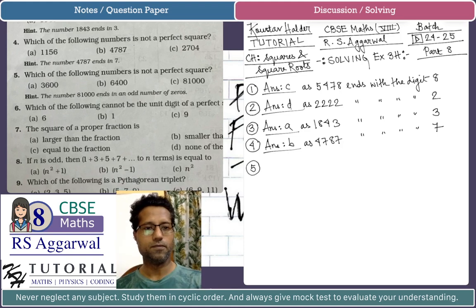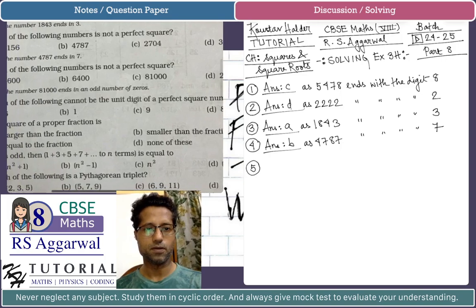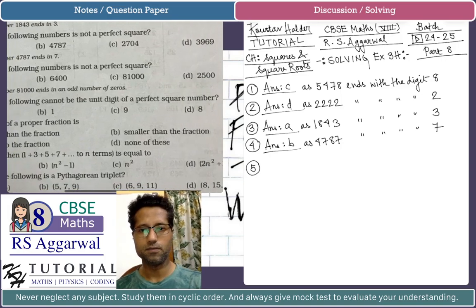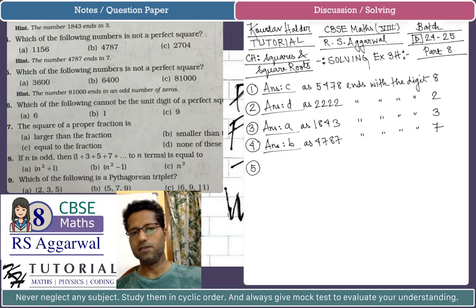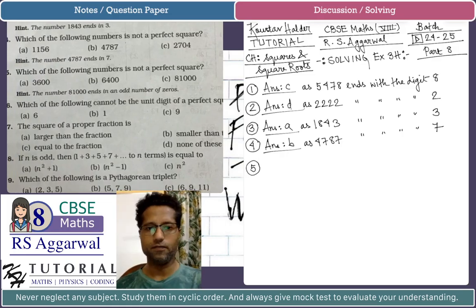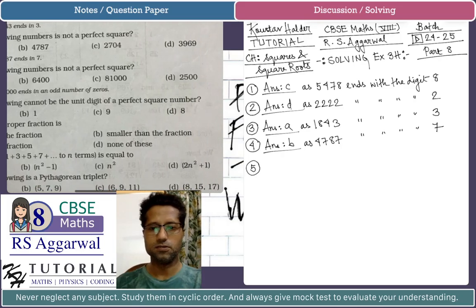Which of the following numbers is not a perfect square? Okay, so now we can see that all the numbers end with 0. We know that if a perfect square ends with 0, then it has to end with an even number of zeros. Choice A is 3600, it has an even number of zeros. Choice B is 6400. Choice C has 3 zeros.